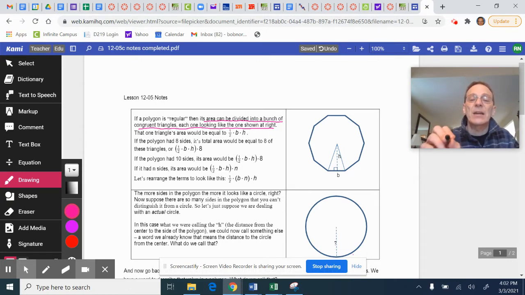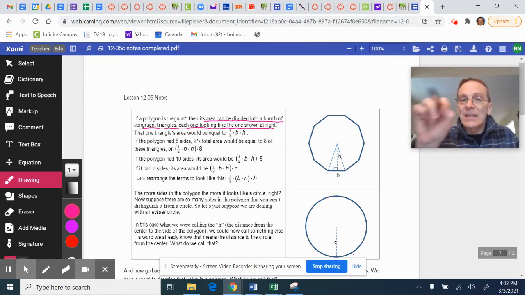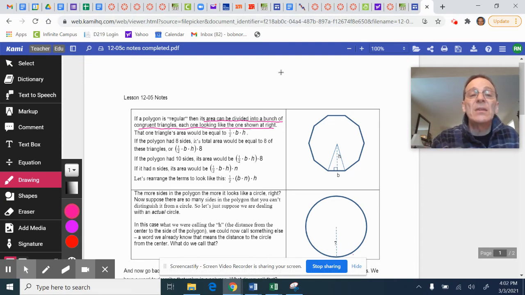Now, if the polygon was regular and it happened to have 8 sides, if it was an octagon, then there would be 8 of these triangles, and the total area would be 1/2 times b times h times 8, because there's 8 of the triangles. But if the polygon had 10 sides, if it were a decagon, the area would be 1/2 times b times h times, whoops, that's supposed to say 10, not 8.